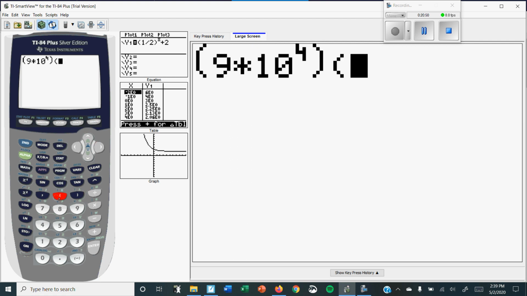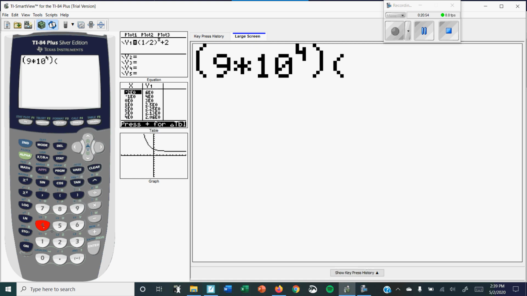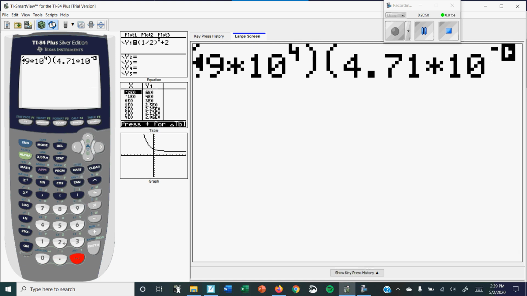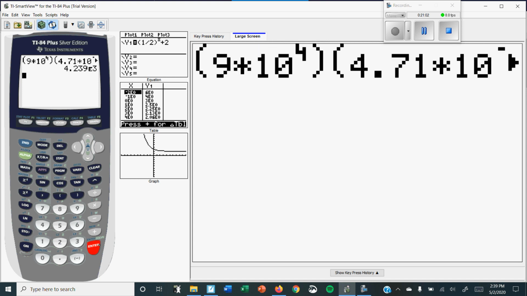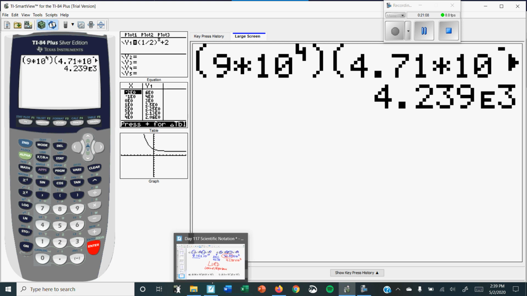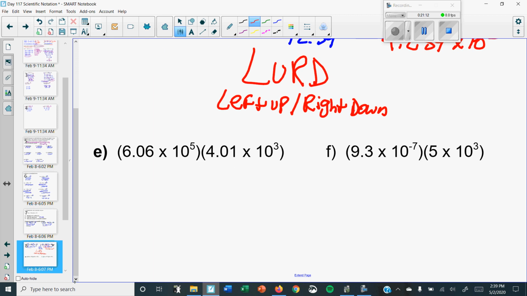And now type the other part. 4.71 times 10 to the negative 2. Now, if it's in scientific mode, it will do it for you. 4.239 times 10 cubed. That's why I like the calculator better. And there's your answer. Okay, the next one.